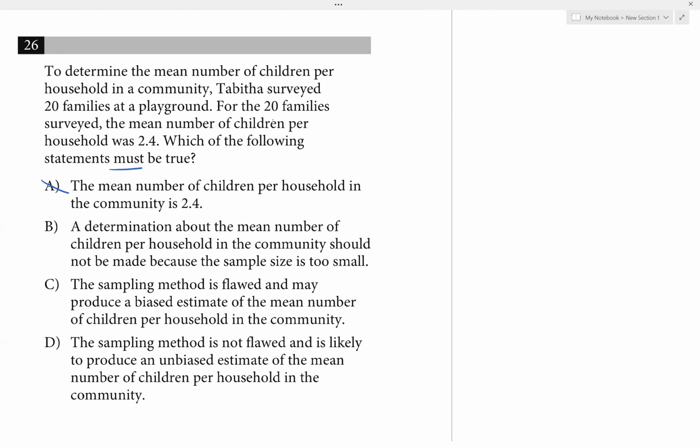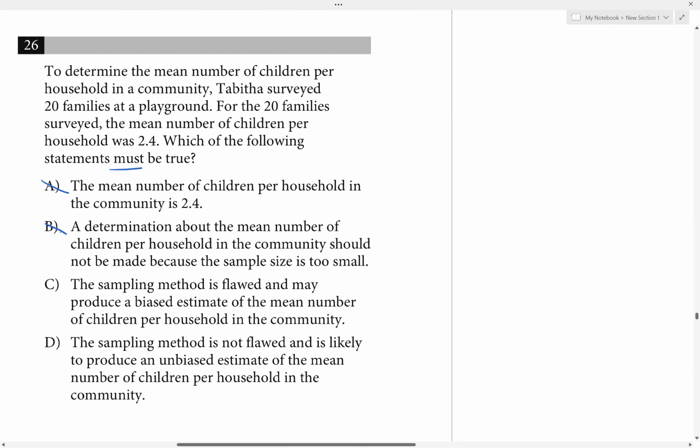It's not like she's asking two families. If it's less than five, I would say it's pretty small. But if you have more than 20 families, that should be a solid sample size. For a question like this, it won't be the sample size unless it's really, really small. So this 20 is good. That's not the biggest problem here.